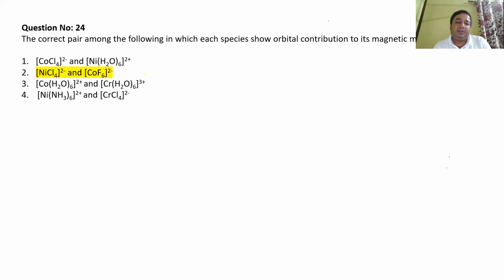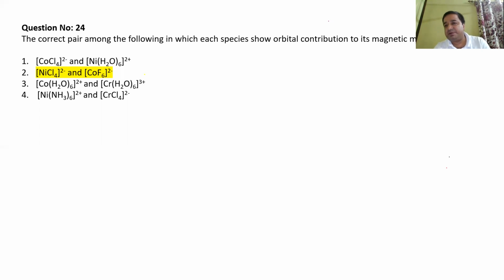Now, this orbital contribution will only happen, the rule is that, for examination purpose, if the T2g level for an octahedral field, or the T2 level for a tetrahedral field, is unsymmetrically occupied.